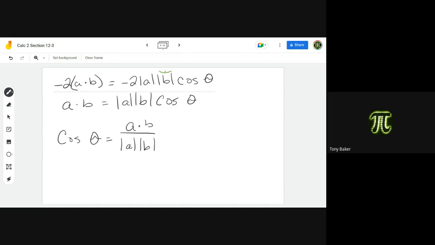Or if we have information about the vectors, we can find what the dot product is in either direction. Taking the dot product and finding the angle is a lot more useful, but we have both ways.